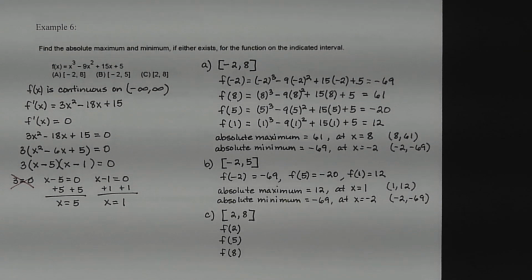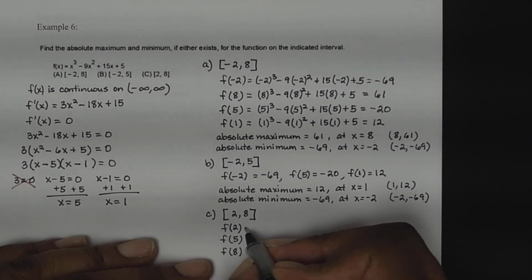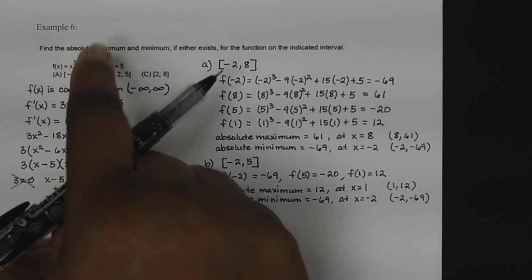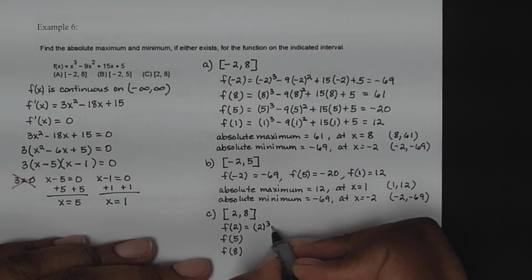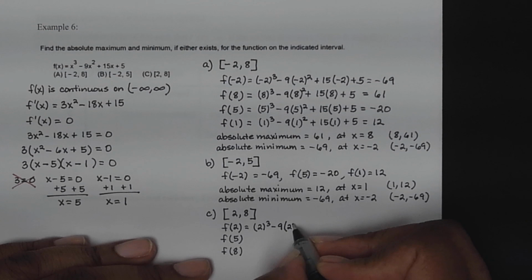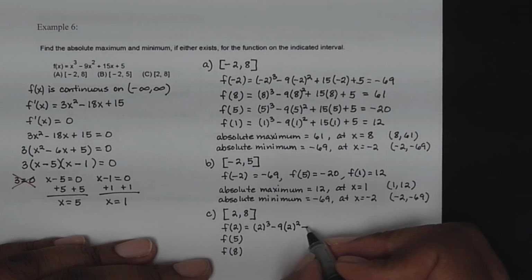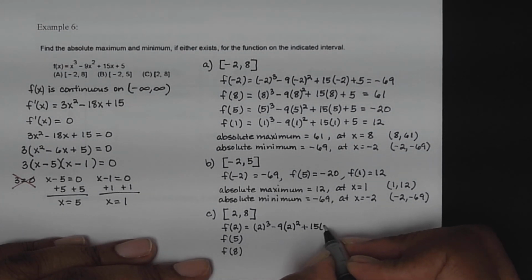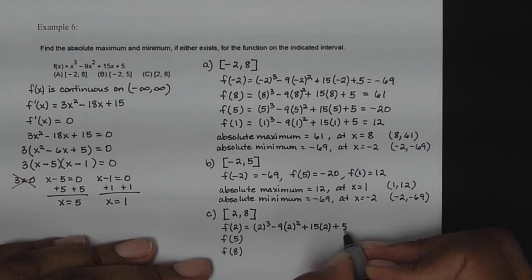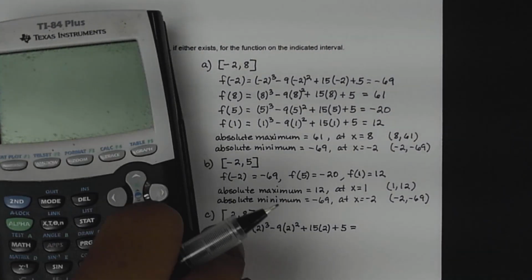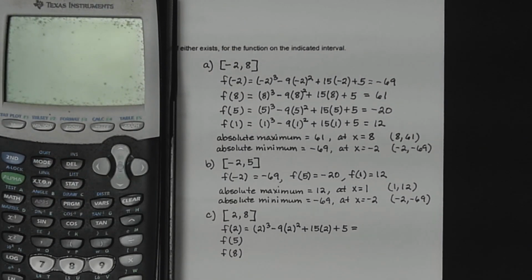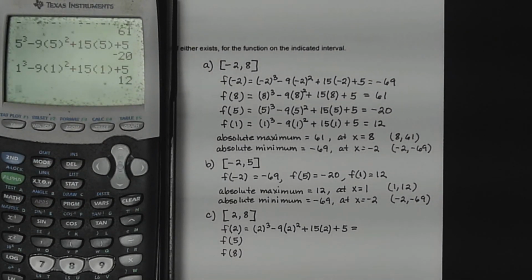Now for f of 2, we need to go ahead and substitute each x in the original function with 2. So it would be 2 cubed minus 9 times 2 squared plus 15 times 2 plus 5. Okay, because I believe that's the only x value that we haven't evaluated.